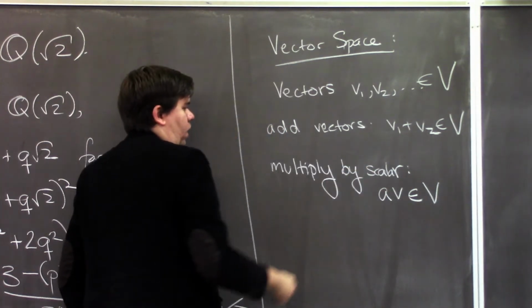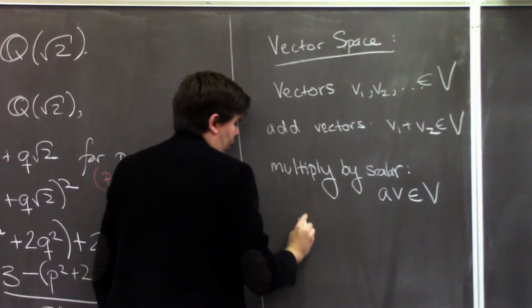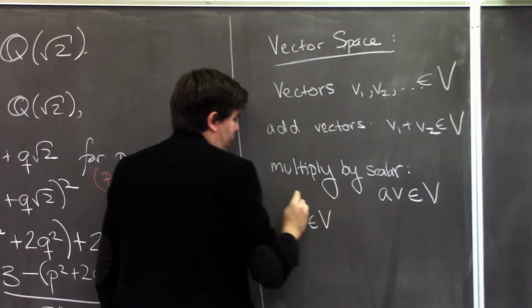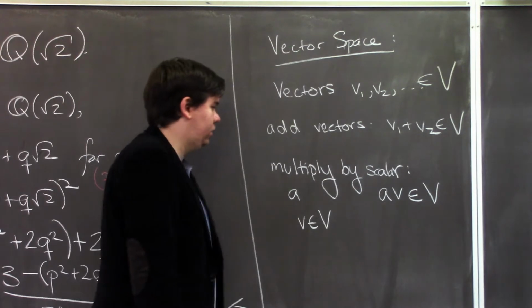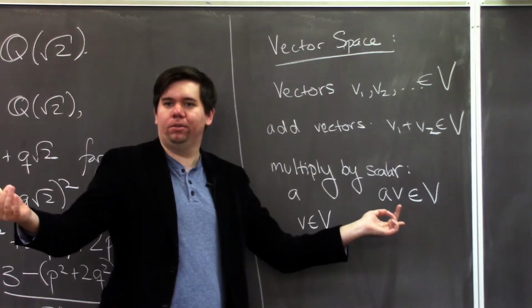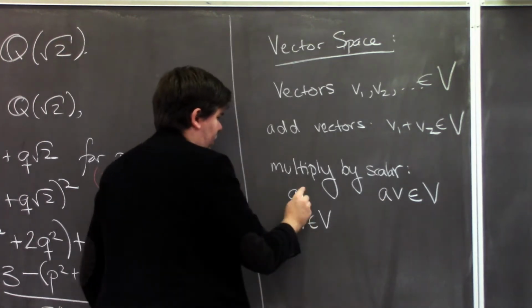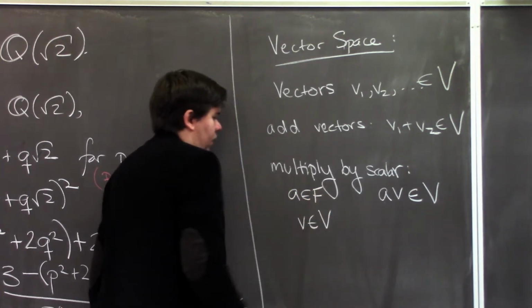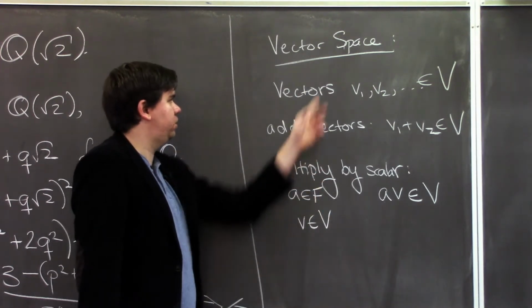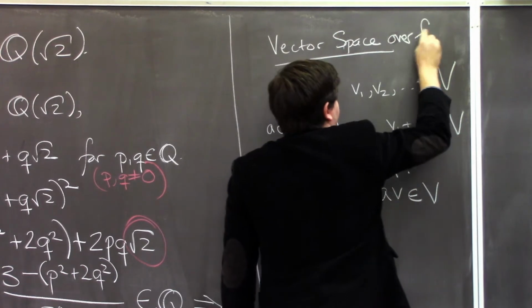So what is your scalar? Well, your v here is a vector, but what is this a? What kind of creature is a? In linear algebra, your a is a real number, right? But in general, a can be anything that lives in some field. So in general, you can think about vector spaces as being over some field F.